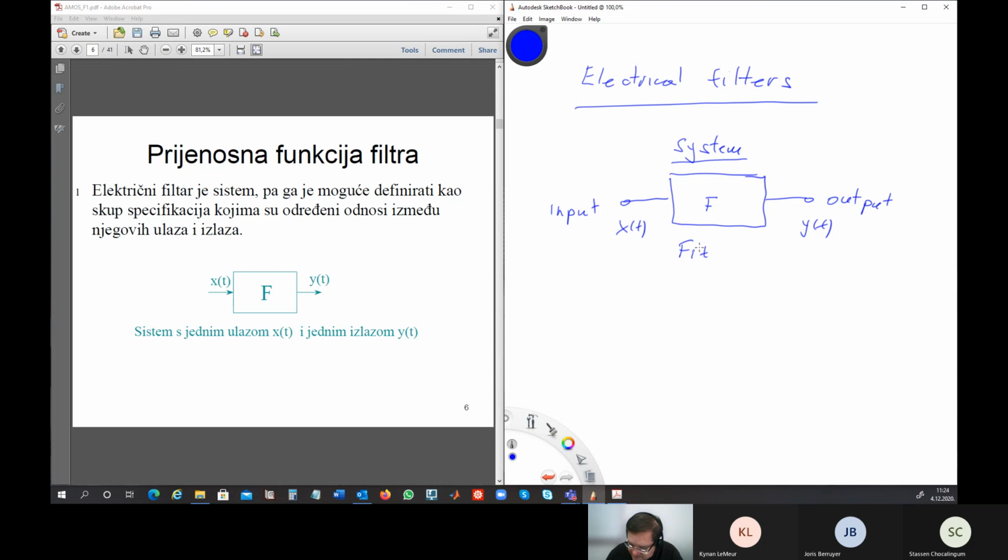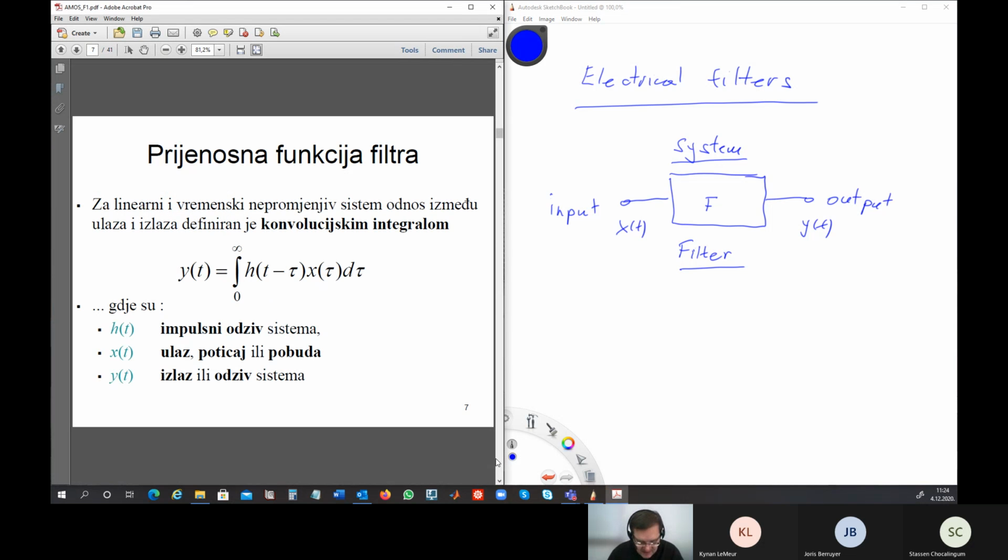And we will say this system is linear. There is a need for having a relation between input and output. This will be the input-output equation. This is one example of an input-output equation in the time domain, as you can see here.